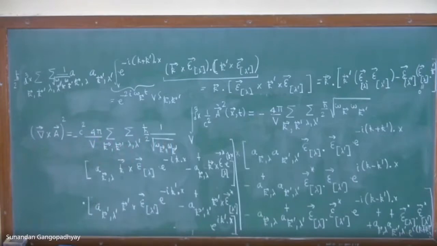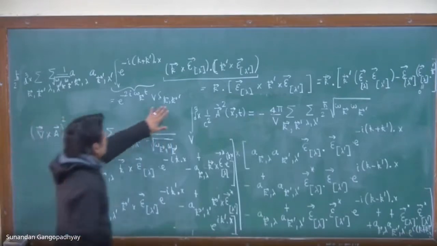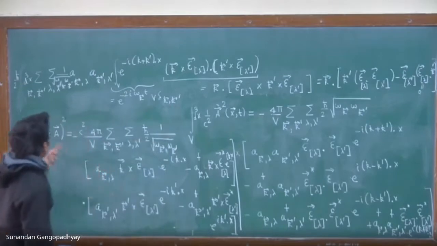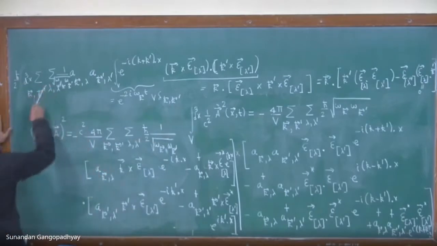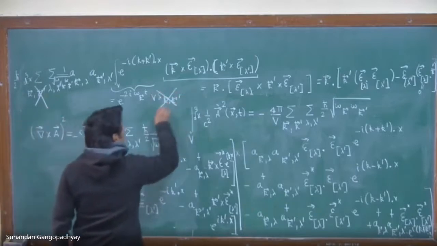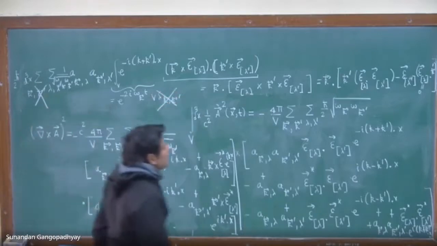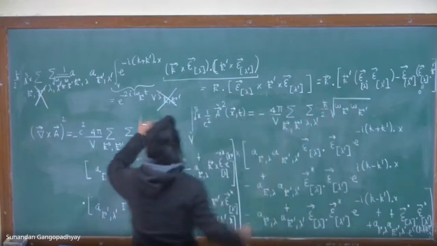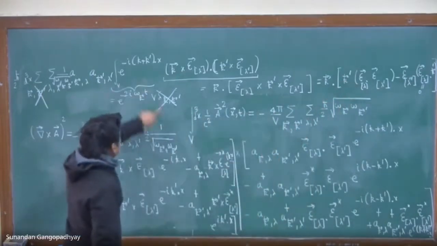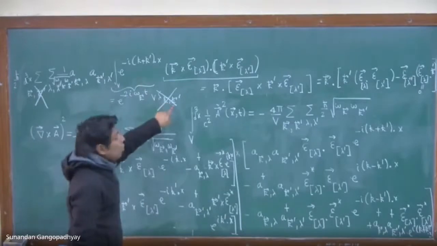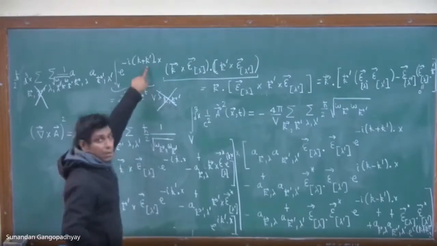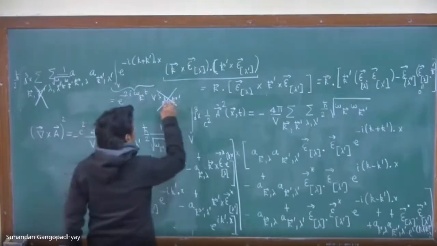Since there is a Kronecker delta in k prime, ultimately one of the summations over k prime will go away. This Kronecker delta will go away. Mind you, this will actually give a k vector comma minus k prime, because of k plus k prime, so you will get a minus sign.